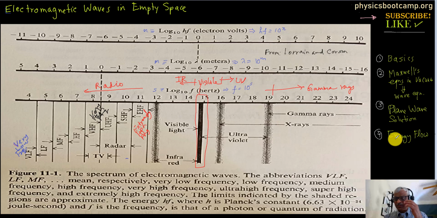For instance, quantum mechanically, they're produced by electrons actually jumping from one energy state to another energy state. But classically, which we're going to do, we're not going to do quantum mechanics, they are produced by accelerating charges.